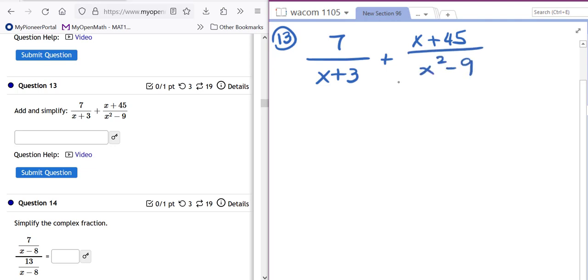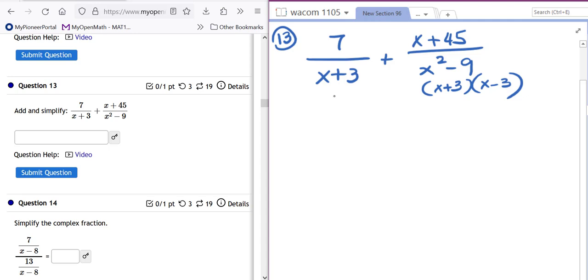Right, because we're adding, so we need a common denominator. This is a difference of squares. It's an x plus 3 times an x minus 3, and so that will be your common denominator. You need one copy of x plus 3 and one copy of x minus 3.